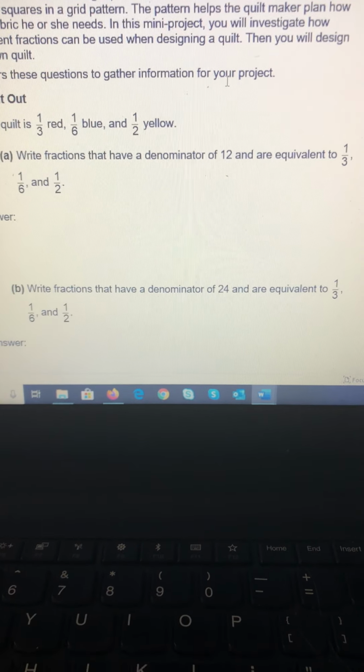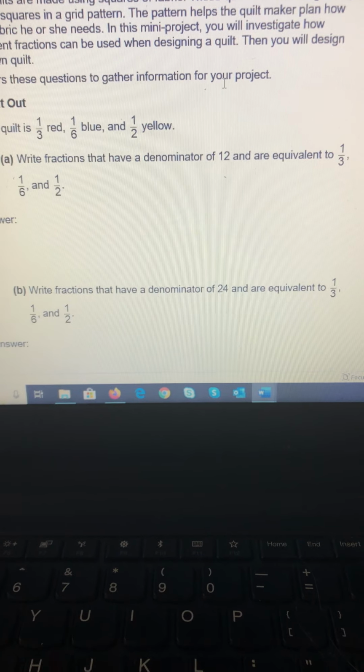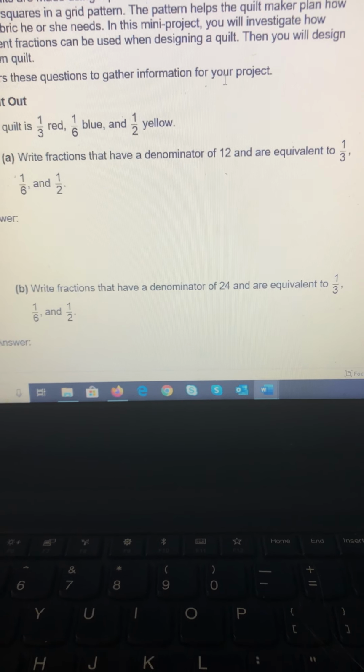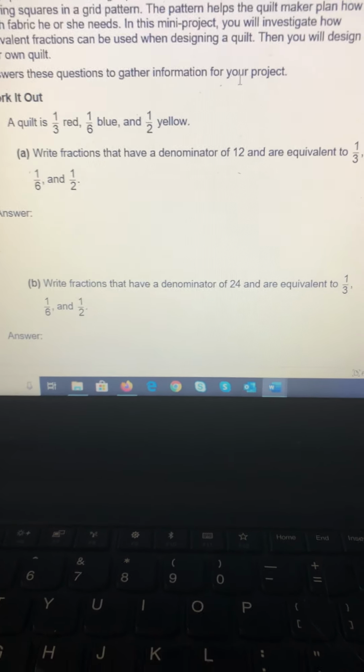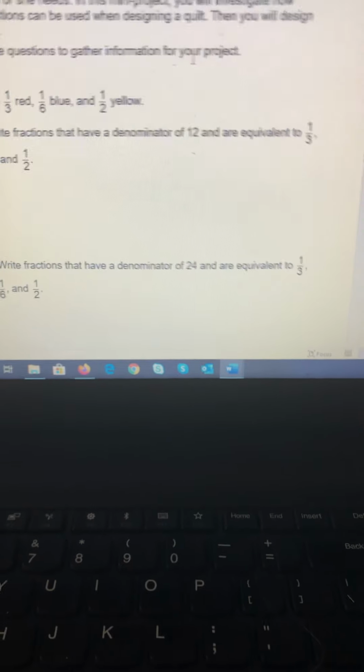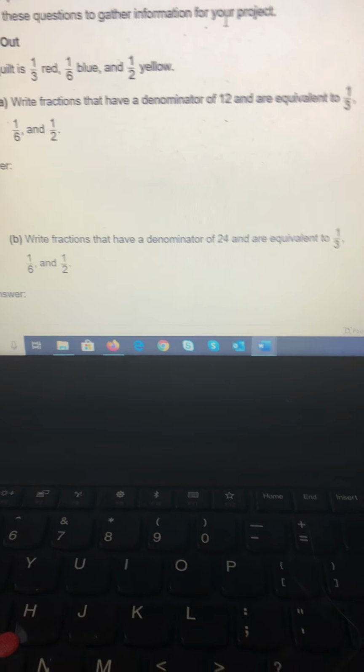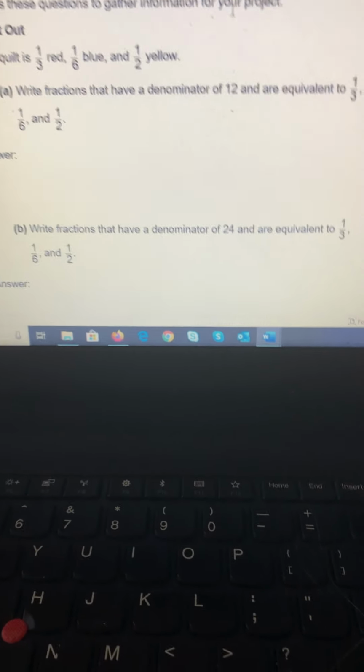Take a look at that next part. It says, write fractions that have a denominator of 24 and are equivalent to 1/3, 1/6, and 1/2. So we're taking those fractions again, but this time, instead of having our denominator be 12ths, our denominator is going to be 24ths. So I'm going to show you on my board.